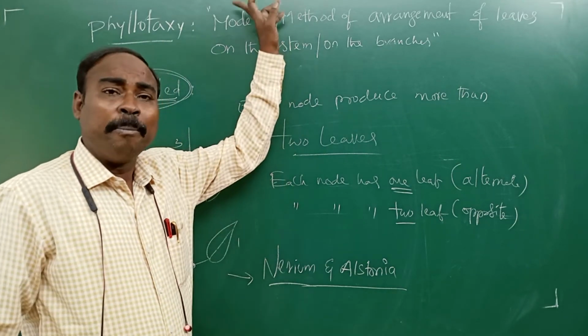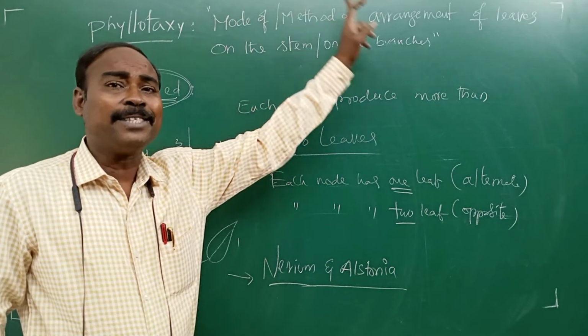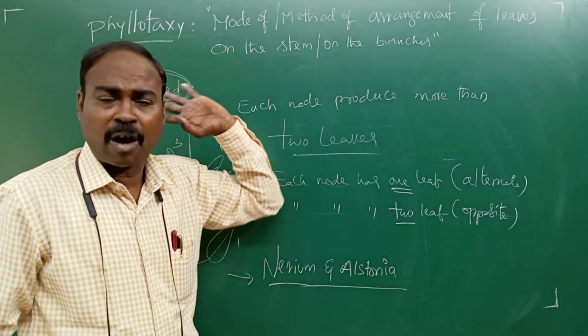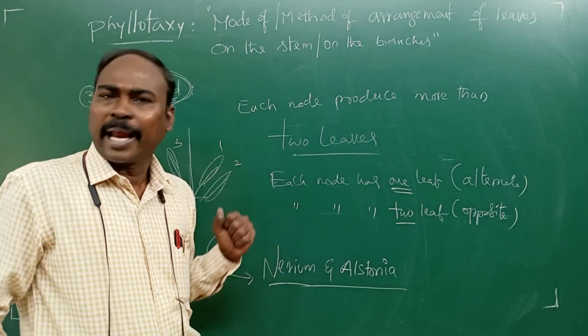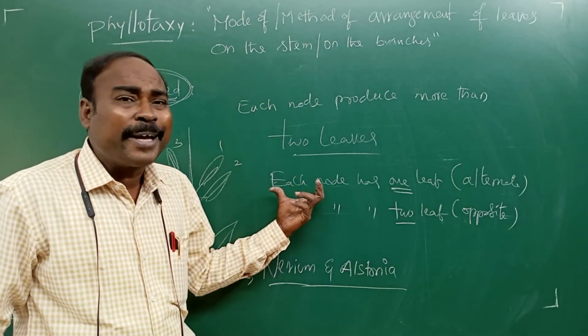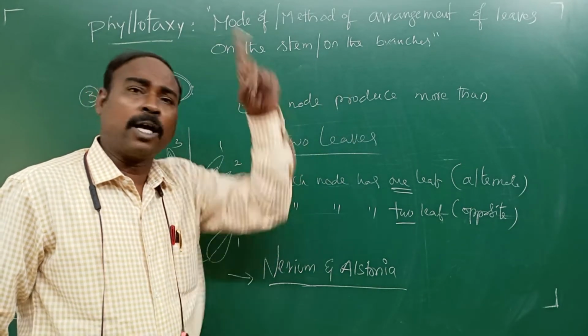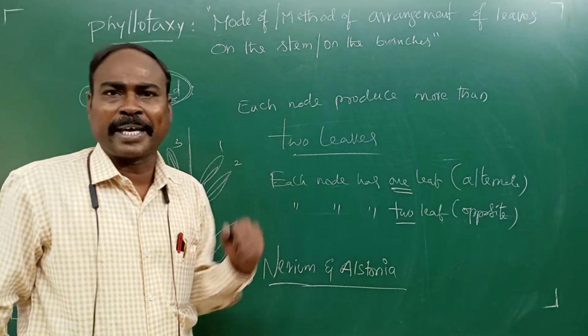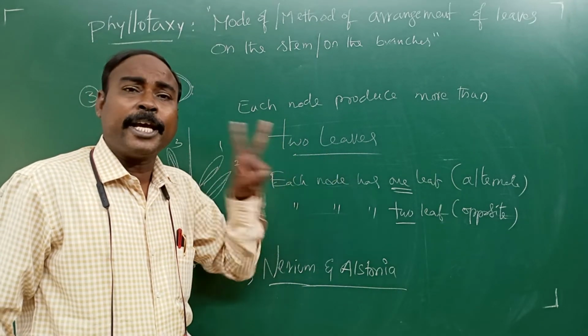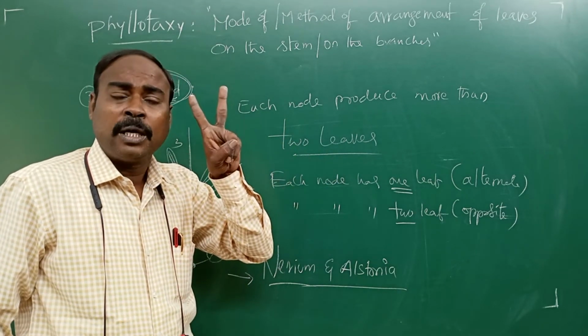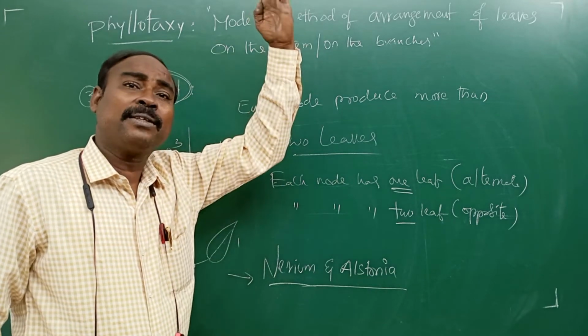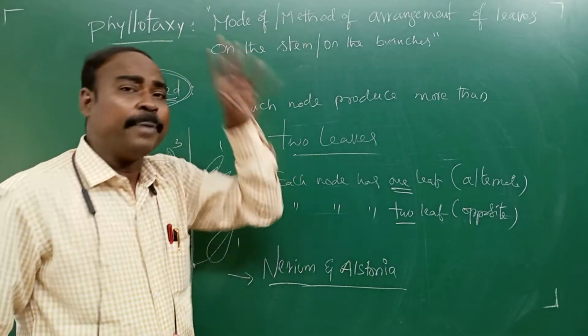Phyllotaxy means the method or mode of arrangement of leaves in the nodes of the branch or of the main stem. Alternate means at every node only one leaf is there. That is spiral also. Alternate, otherwise called spiral. Opposite means each node has a pair of leaves. If the pair of leaves is in the same plane, that is called opposite superimposed.